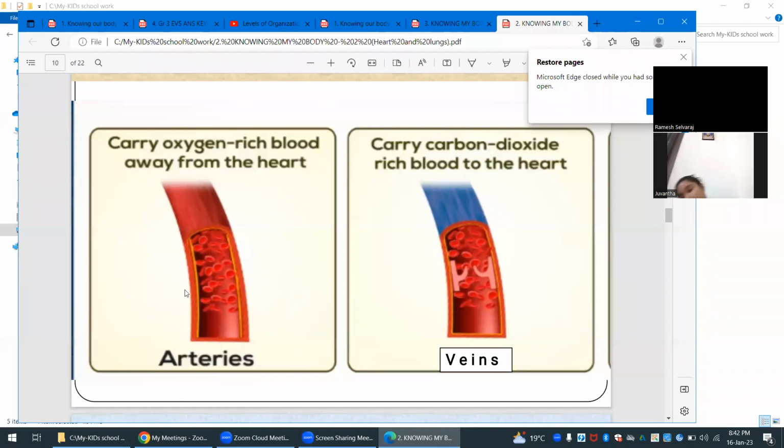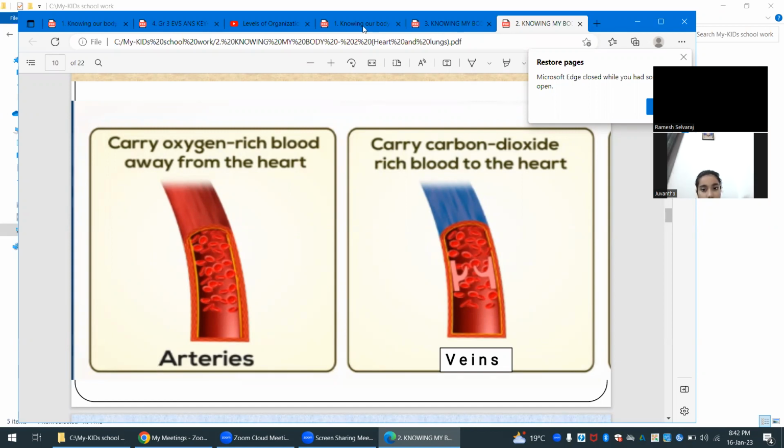Oxygen is a good one, okay? And vein is taking out the carbon dioxide. Arteries carry oxygen-rich blood away from the heart to all the body parts. That's right. And vein carries the carbon dioxide-rich blood to the heart, okay?